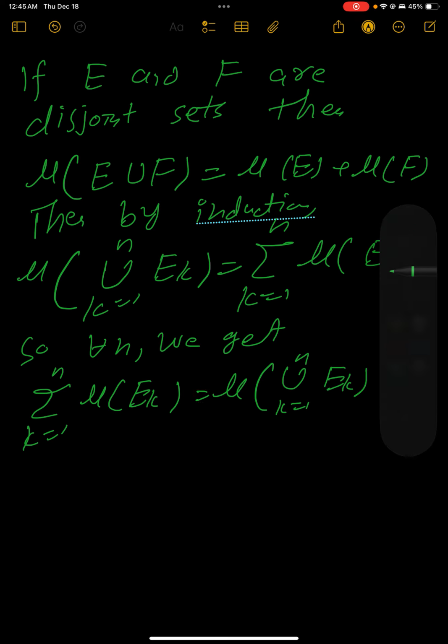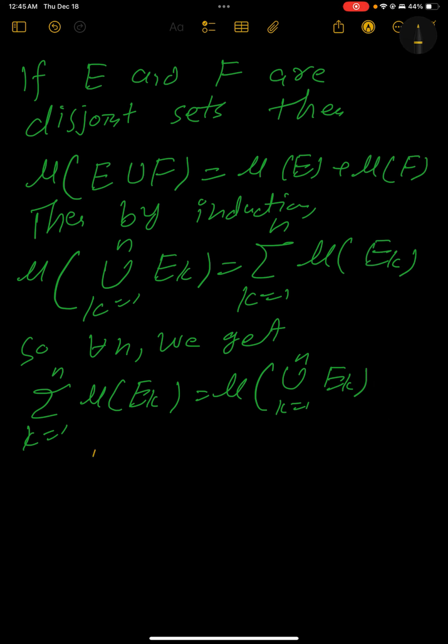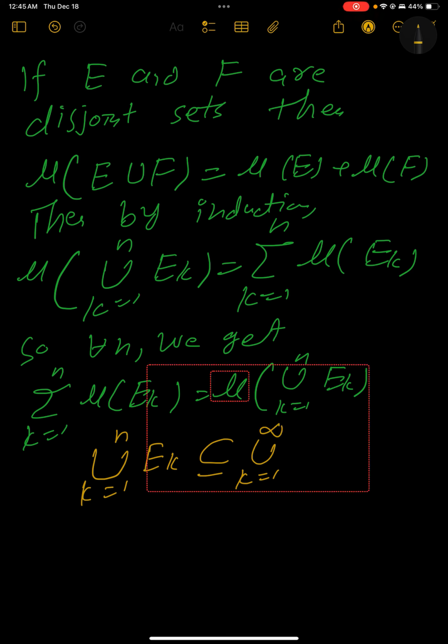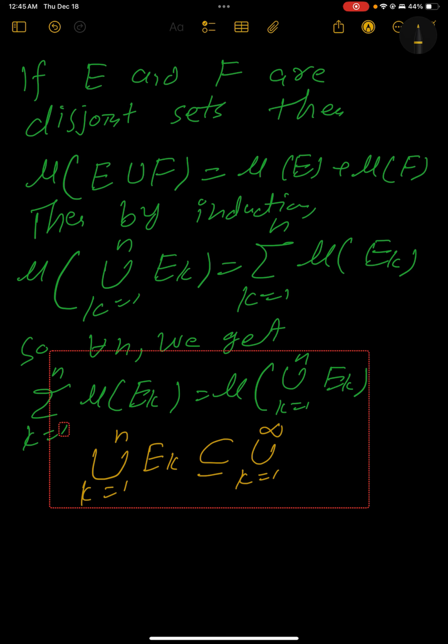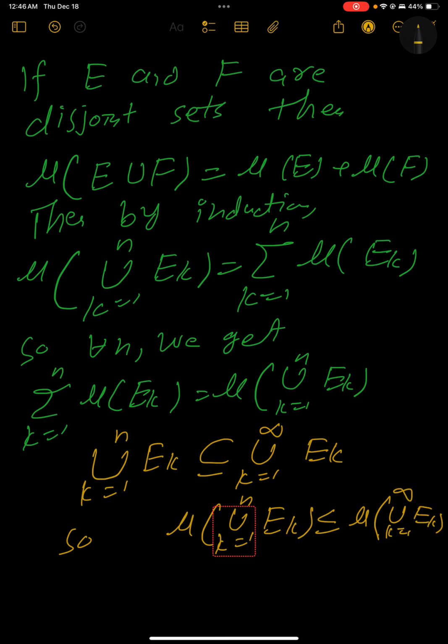Now we know that Lebesgue measure has monotonicity, so somehow a measure also has monotonicity. The union of E_k, k equals 1 up to n, is contained in the union of E_k, k equals 1 up to infinity. So the measure of the finite union is less than or equal to the measure of the infinite union.